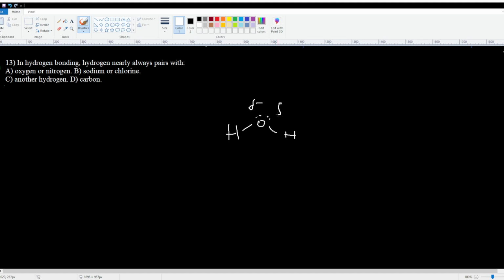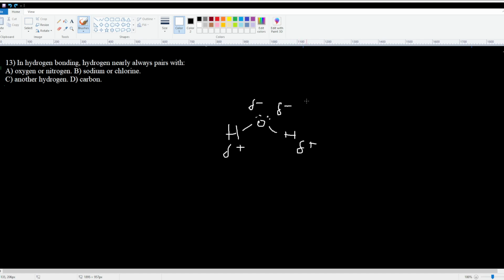These both have partial negative charges because they are electrons, and electrons are negative. And then hydrogen would carry a positive partial charge. So water is unique in the fact that it contains these 4 places in which hydrogen bonding can occur.